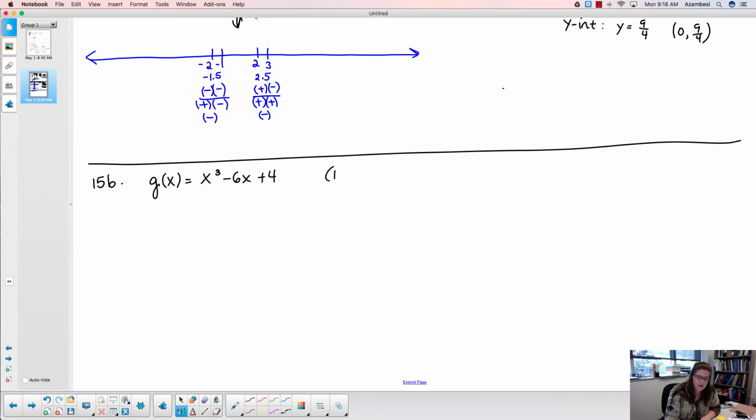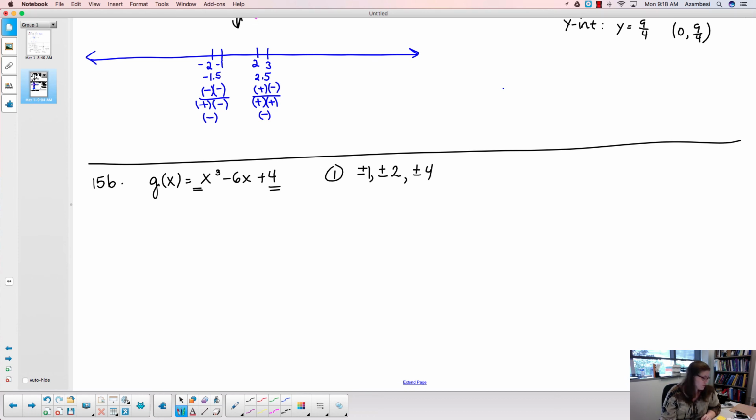So we need to list the possible rational zeros for this. Now this one doesn't have a whole lot. Our coefficient for our leading term is 1, so I have only whole numbers. And they're all factors of 4. So I could have plus and minus 1, plus and minus 2, or plus and minus 4.